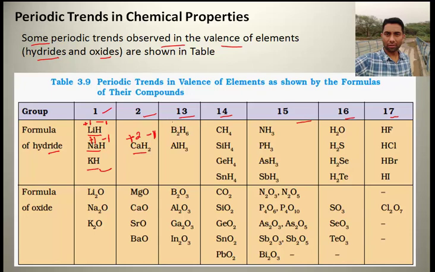Boron will have +3 and hydrogen will have -1 oxidation state, or valence of 3 and hydrogen will show 1. In the same manner for aluminium, oxidation state is +3 and valence will be 3, and for hydrogen oxidation state is -1 and valence will be 1.